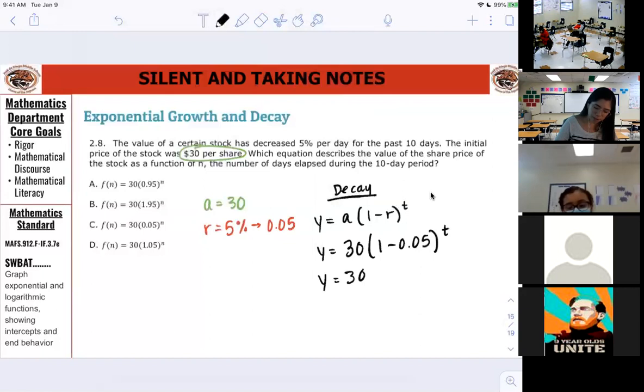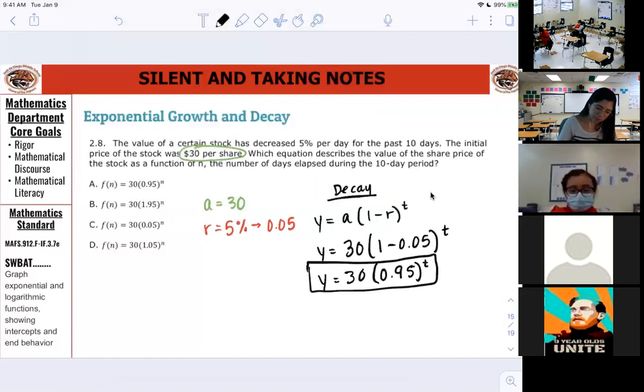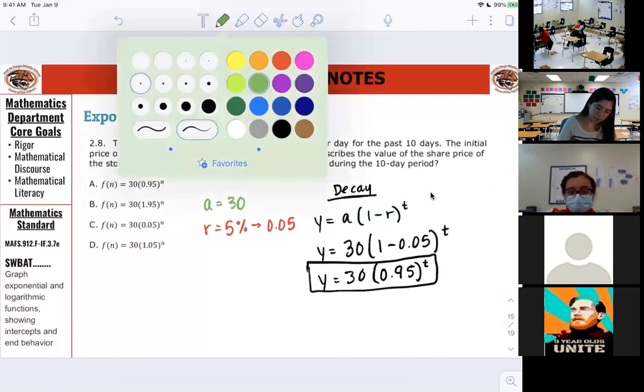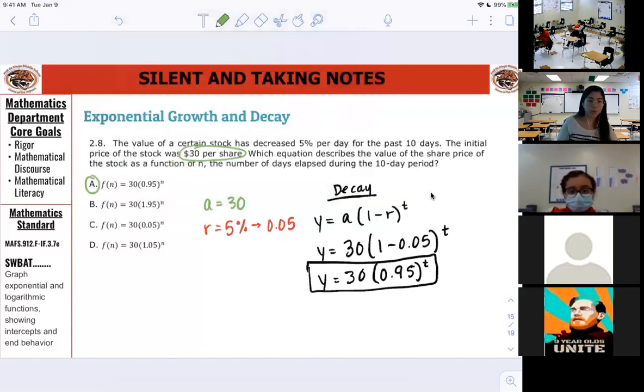What is 1 minus 0.05? 0.95, to the power of t. So my answer is A. Don't be fooled. Which of these were trying to fool you?